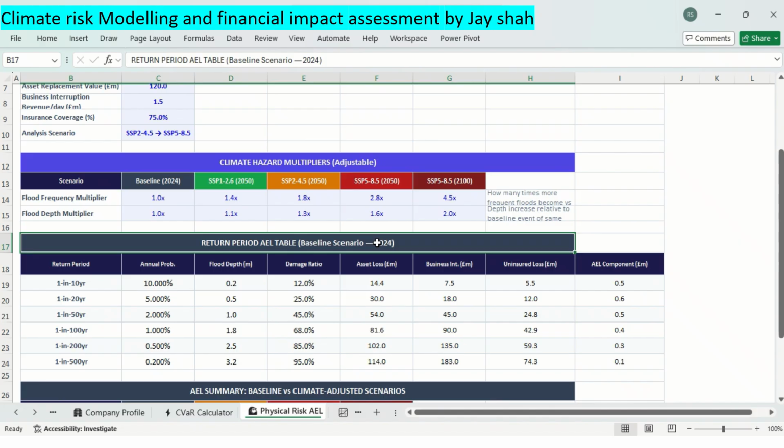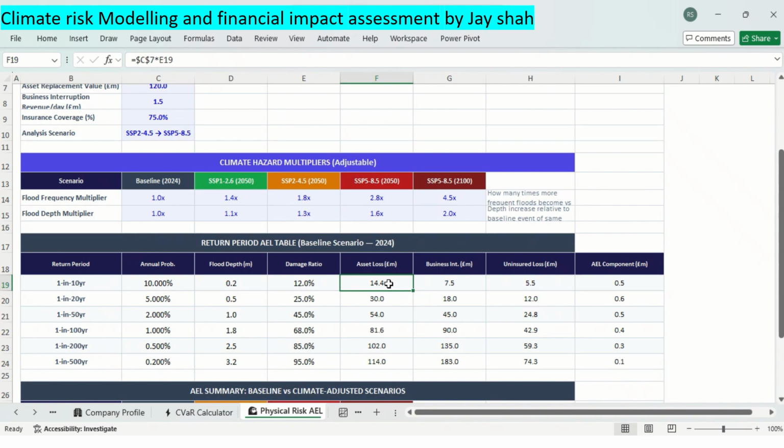Row 22 has an annual probability of 1%, and for F19 I'm just showing the formula. Flood depth, damage ratio, asset loss. Here the formula is C7 multiplied by E19, so asset replacement value multiplied by damage ratio.